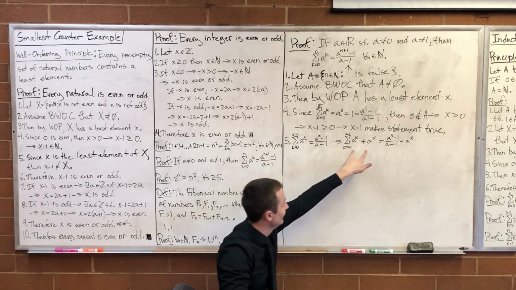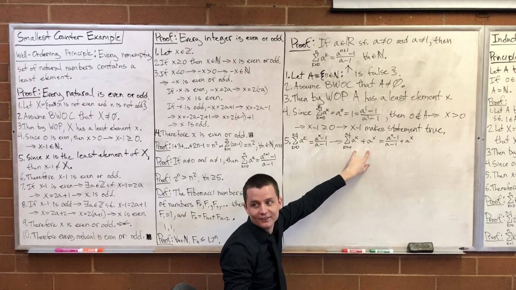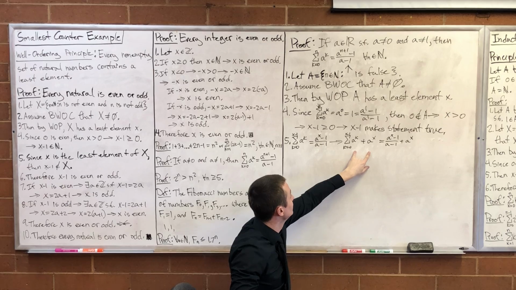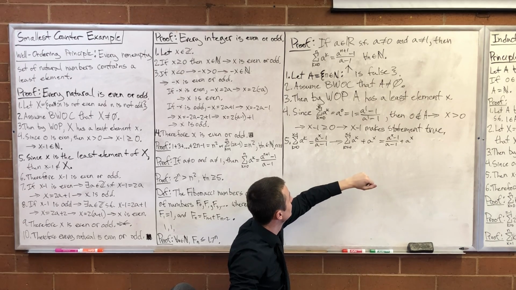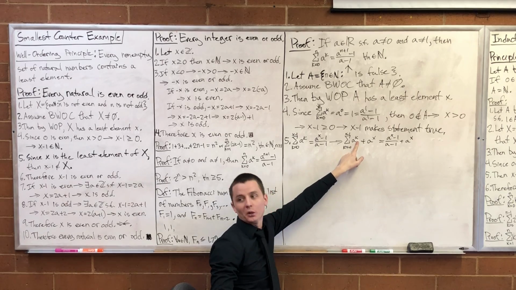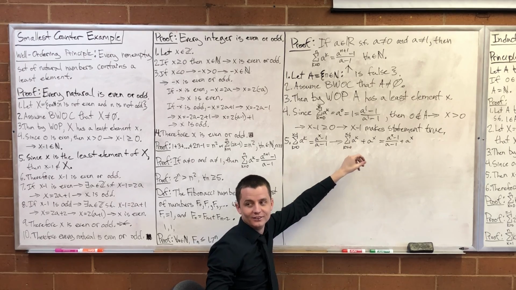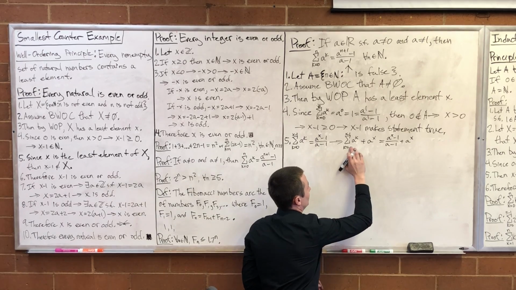Because I'm trying to get this to be a sum from k equals 0 to x of a to the k. But why not a to the k? Why are you adding a to the x? A to the k is a dummy variable. It starts out 0, then 1, then 2, then 3, then 4, all the way up to x minus 1. Oh, now I get it. Forget that k is a dummy variable.